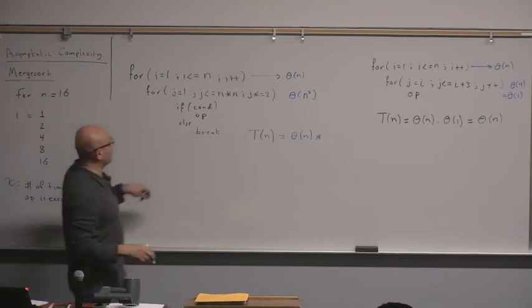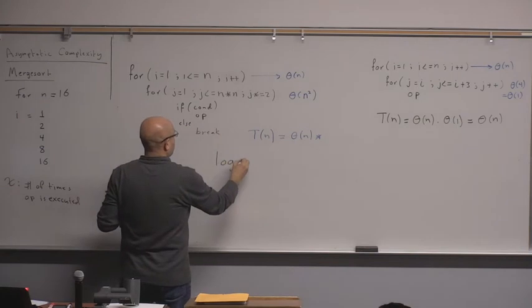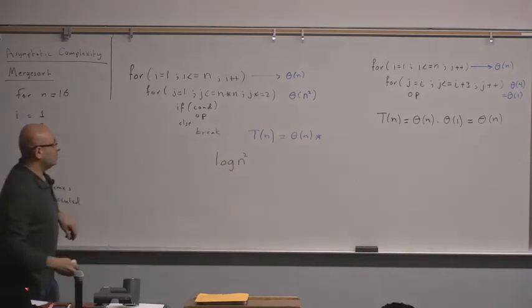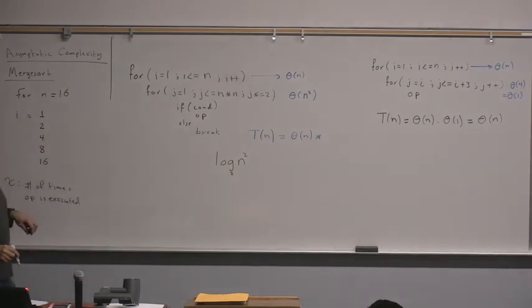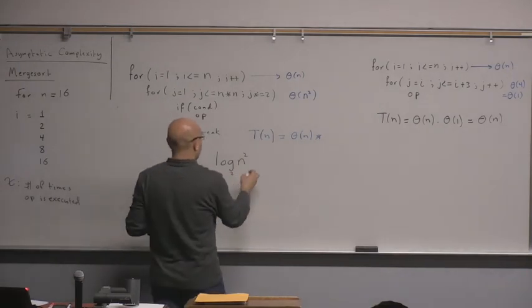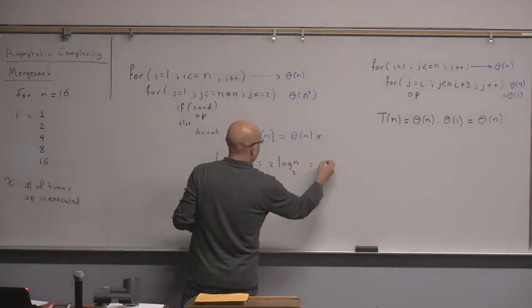So it's basically log of n squared, base 2. And what's this? Yeah, log of n squared base 2 is 2 log n base 2. So this is theta of log n.